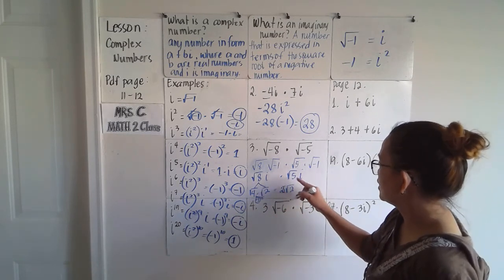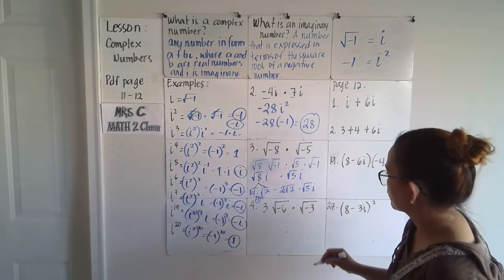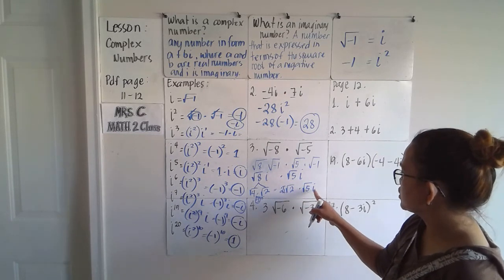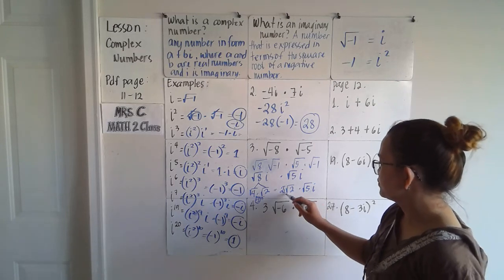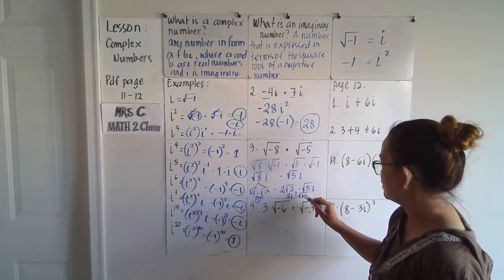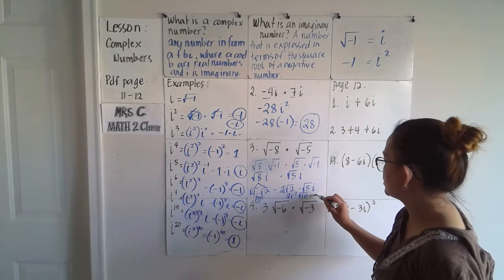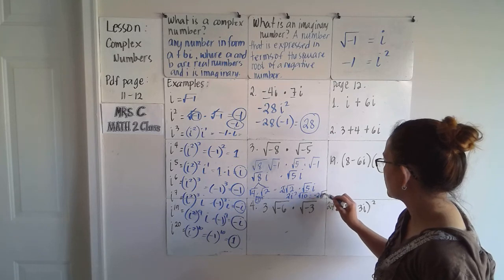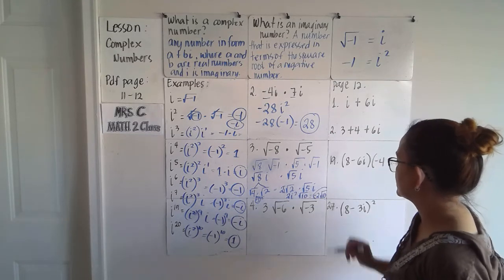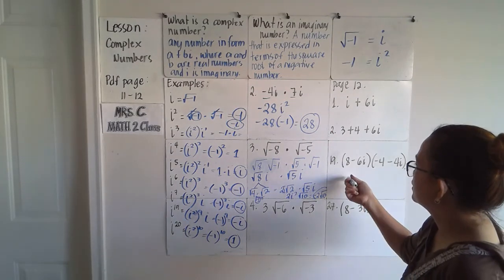Here, we're going to have square root of 5, i. So that will be 2i times i, which gives you 2i squared, square root of 10. And that i squared is negative 1, so the answer is negative 2 square root of 10. Got it? All right.